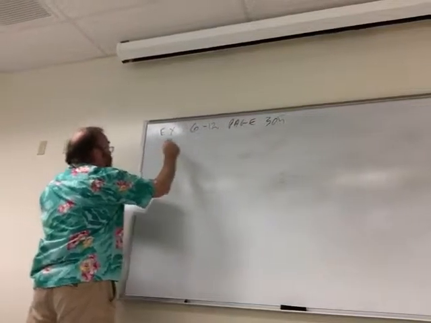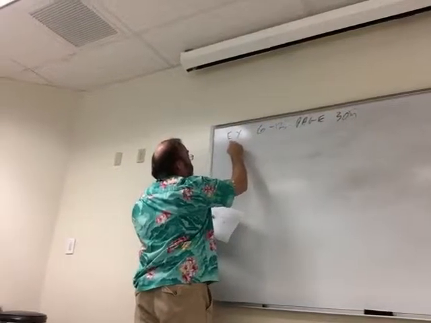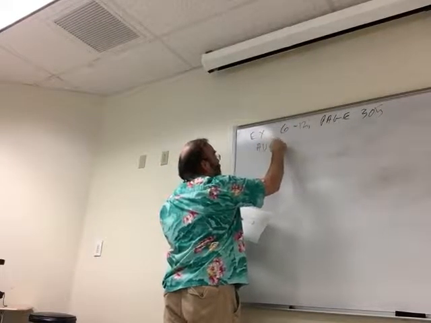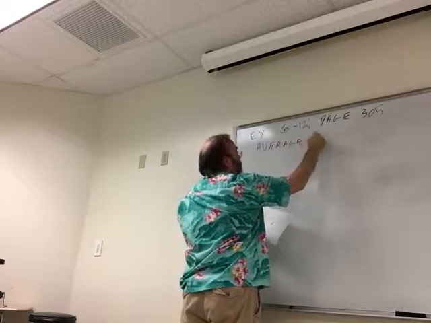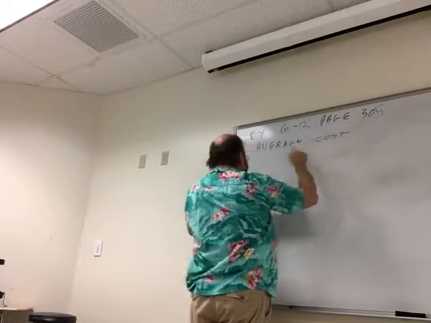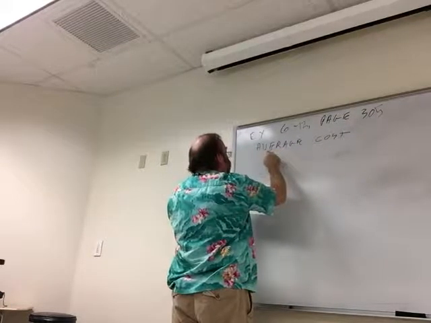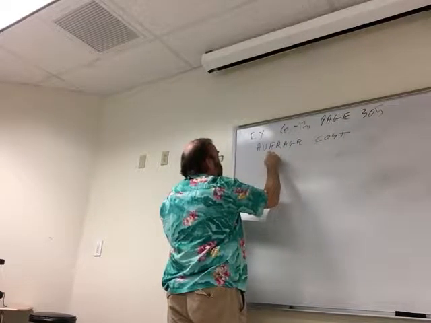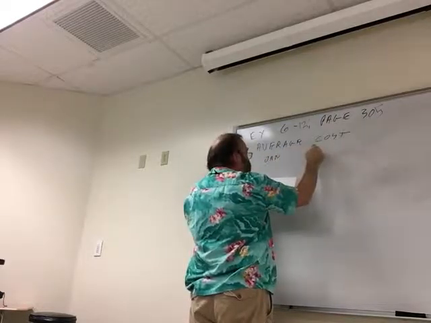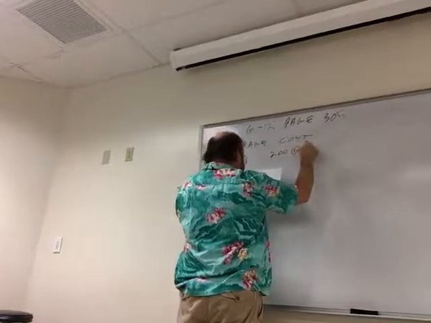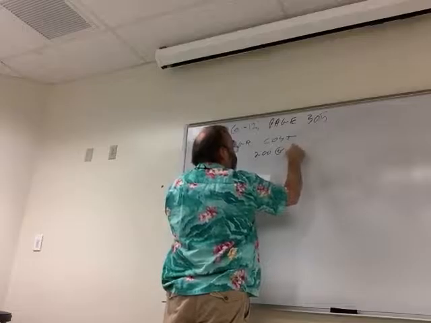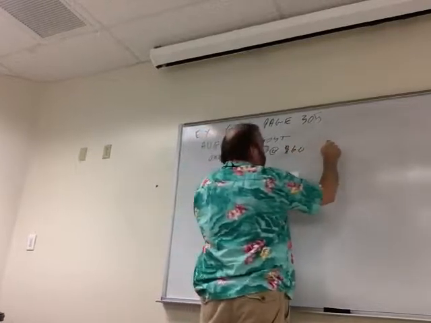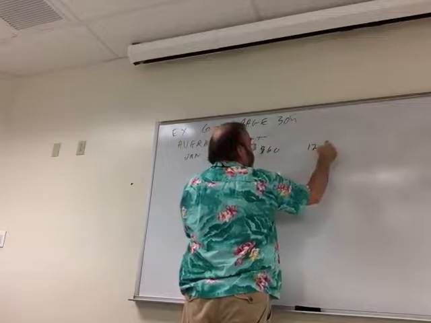All right. Okay, so this one, we're going to start with average cost. We started the year on January 1 with 200 units that cost $60, and that's a total of $12,000.